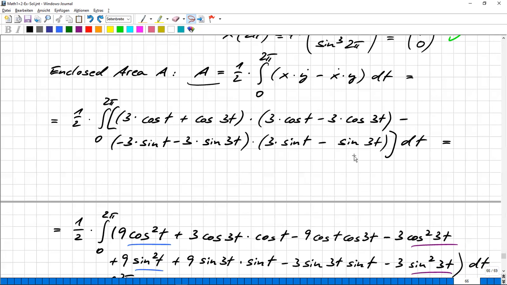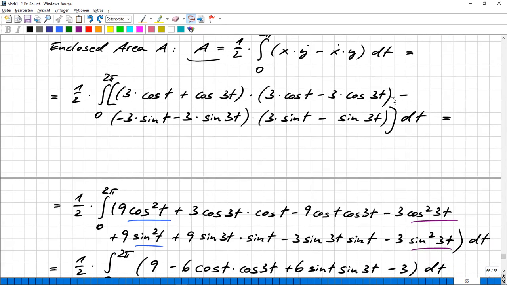The same procedure here. Look, it's almost the same: every cosine is replaced by a corresponding sine, but sometimes there's a minus here, and here it's not. For example, this plus is replaced by a minus, so we should really be careful in the end. And also, please don't overlook this one. This is due to the scheme, the negative sign here. So take care. We get minus, plus as factors. So minus 3 times sine of t times 3 times sine of t, which means in the end, it's a positive contribution.